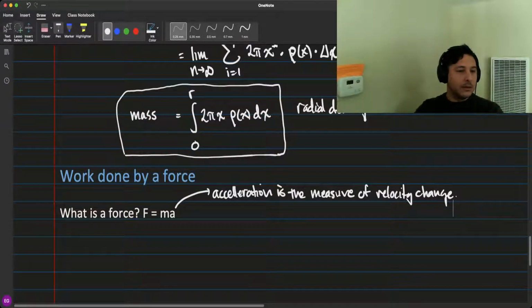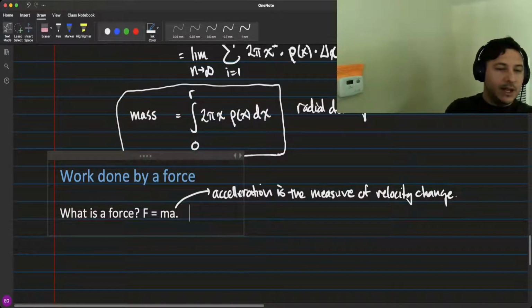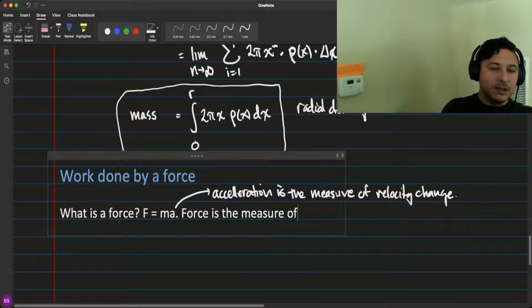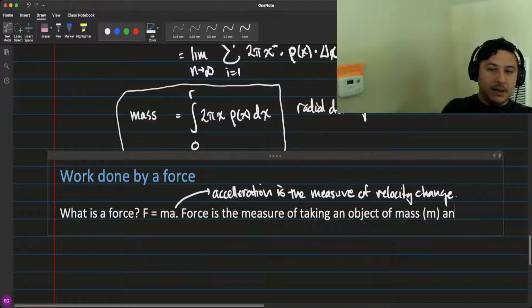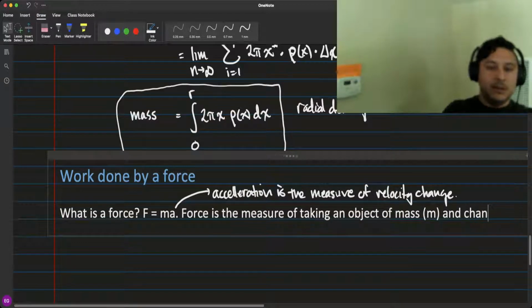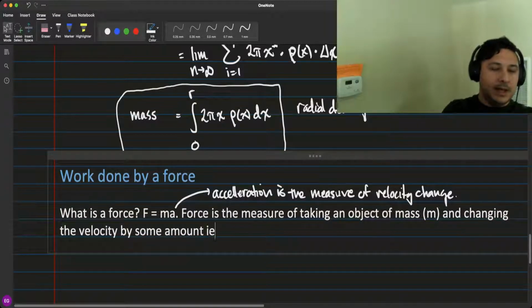So let's write that down. What is a force? Well, you get F equals ma, but more importantly, force is the measure of taking an object of mass m and changing the velocity by some amount, i.e. accelerating it.